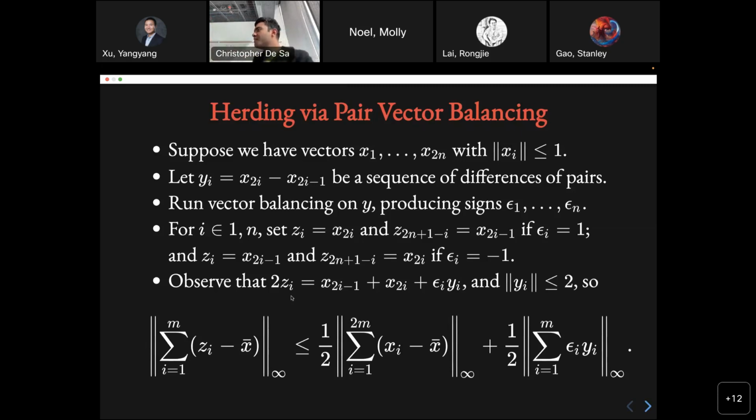And the easiest way to see this is to note that x1 plus x2 minus the quantity x1 minus x2 is just equal to x2 times 2, and vice versa.